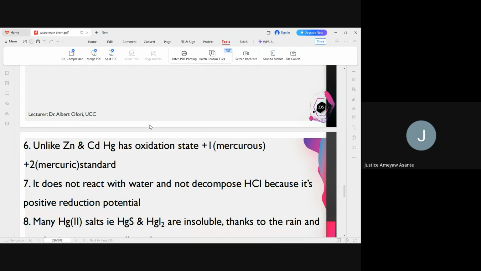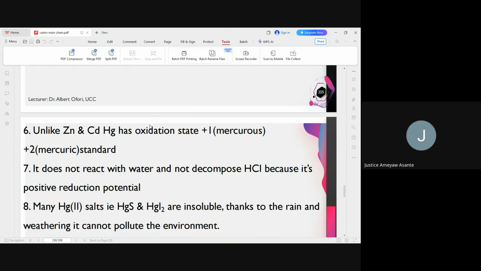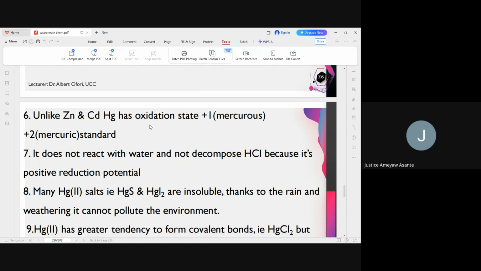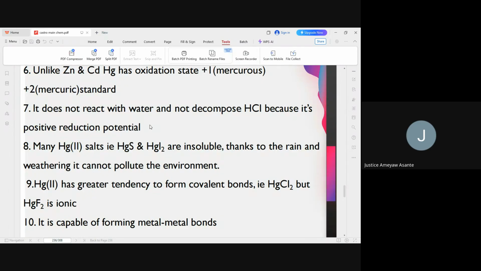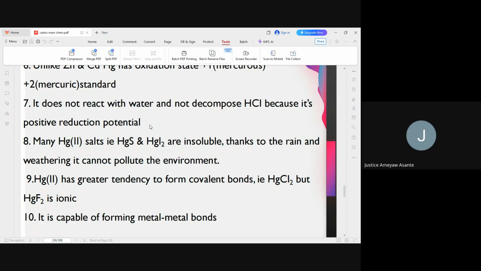Unlike zinc and cadmium, mercury has an oxidation state of +1. Mercury is +2, mercury. It does not react with water and is not decomposed by HCl because it has a positive reduction potential.